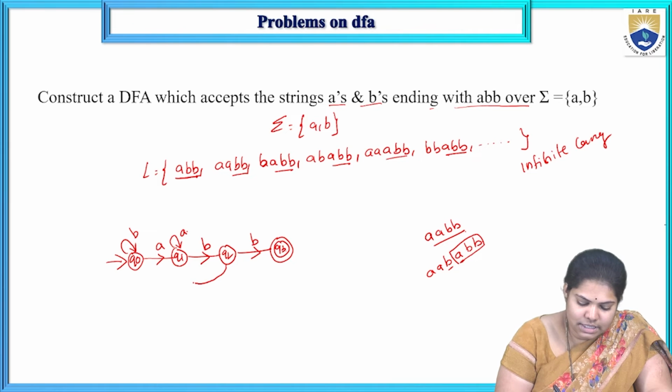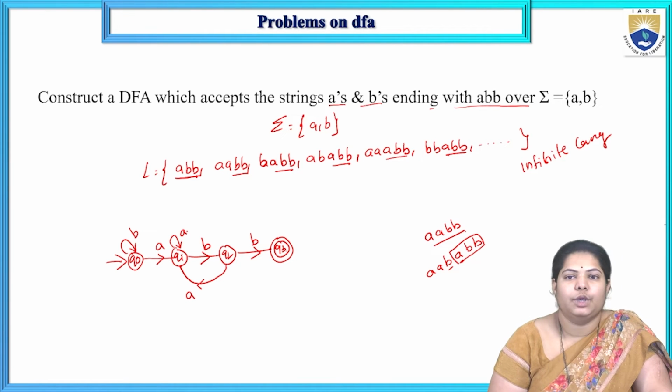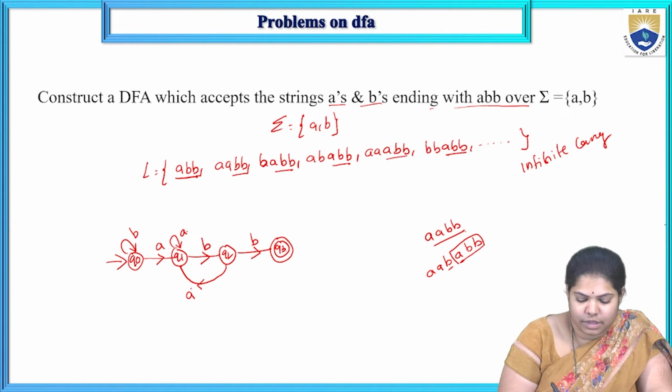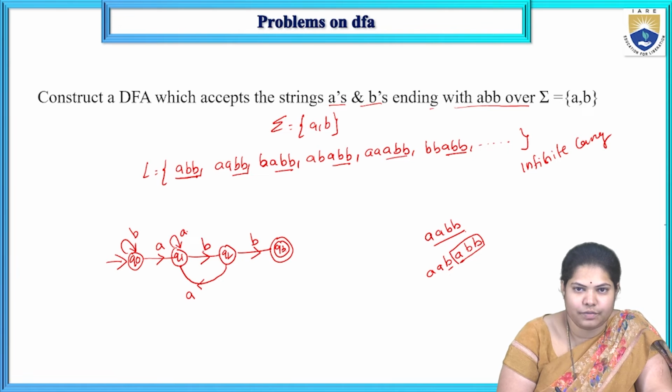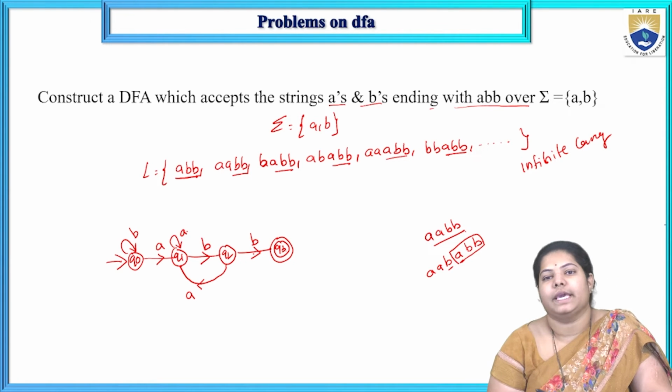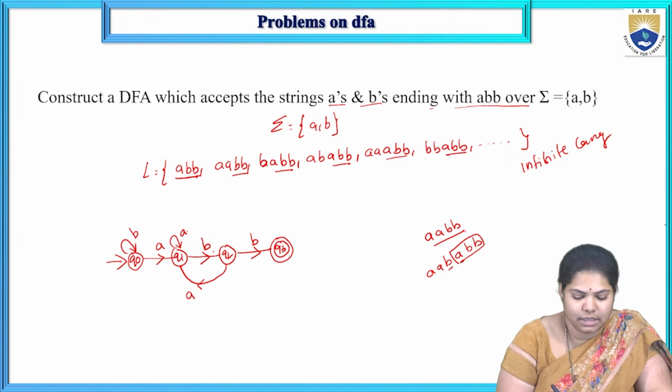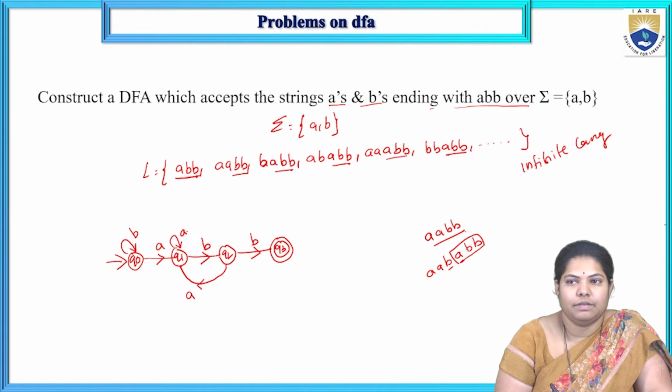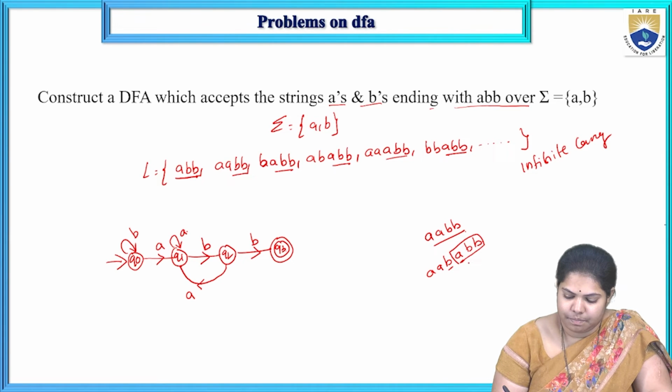So if I see the A, I just go back to Q1. Therefore, if I see any number of A's after one B, I can end it with ABB again. After seeing the A after the B, I can end it with any number of ABBs.